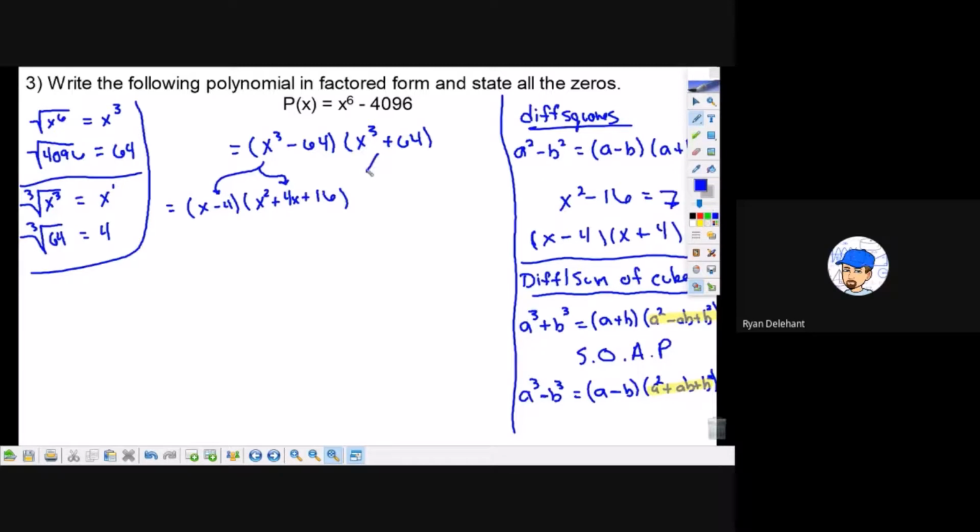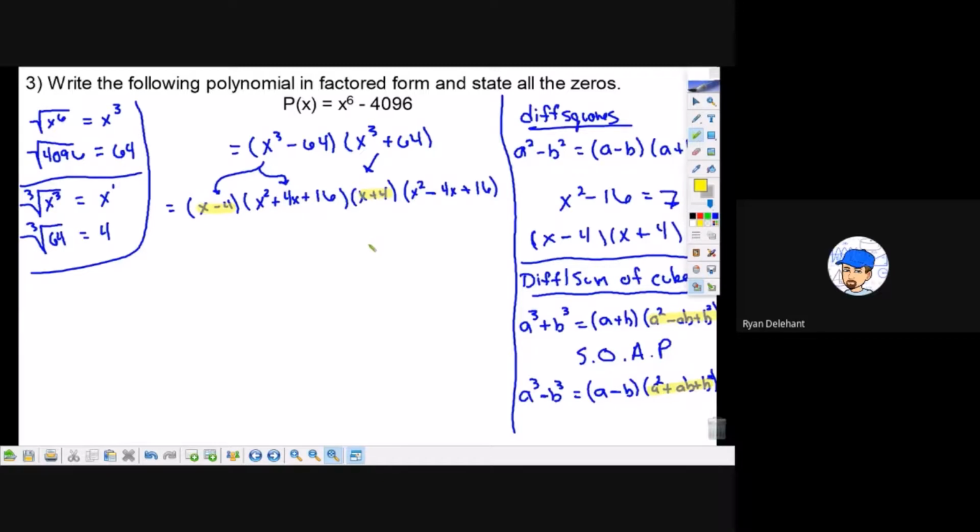Now we need to do the same thing here. This is x plus 4 this time because those are being added. And we're still going to get these same numbers, 4x and 16, but the signs are going to be different. Remember, these are opposites, so this one will be minus, and this last one's always positive. So we knew that we were hunting 6 roots.